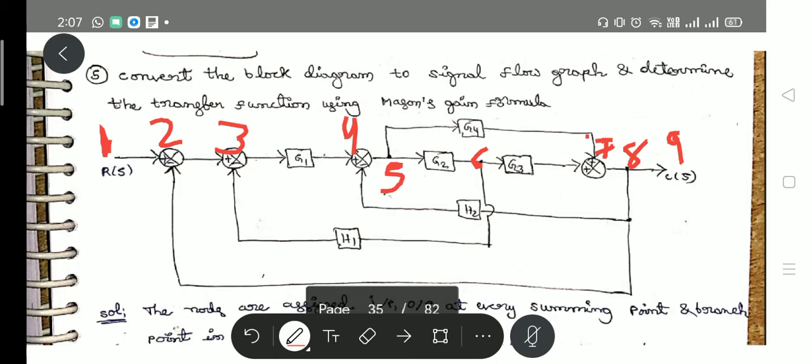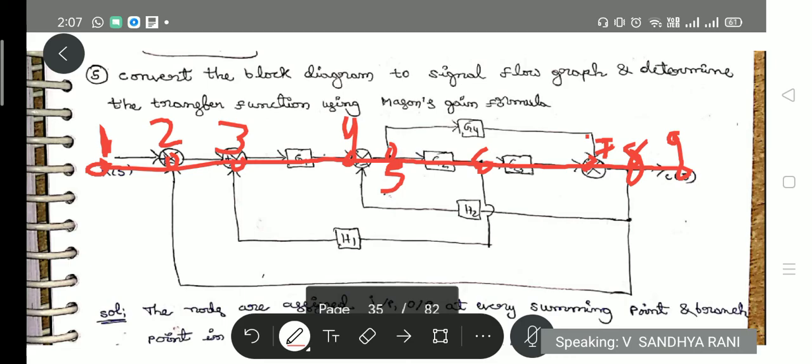Then we draw one line and write all the nodes in circles: 1, 2, 3, 4, 5, 6, 7, 8, 9.